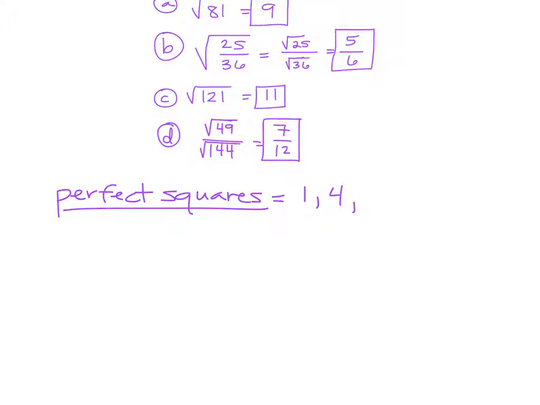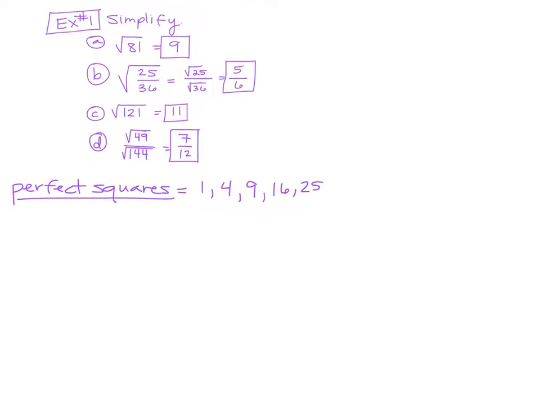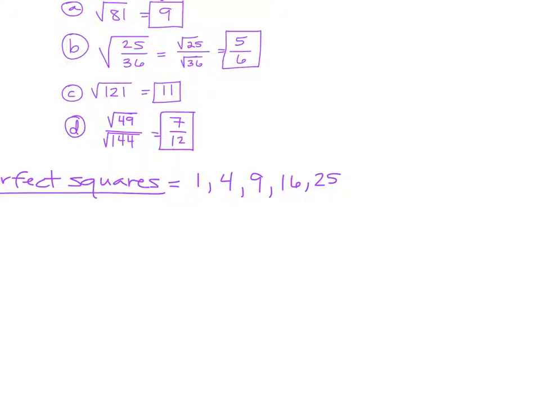So those are the first two perfect squares. What's the next one? 9. 3 times 3 is 9. What's the next one? 16. 4 times 4 is 16. Then what? 25. We're going to run out of room here. What comes after 25?